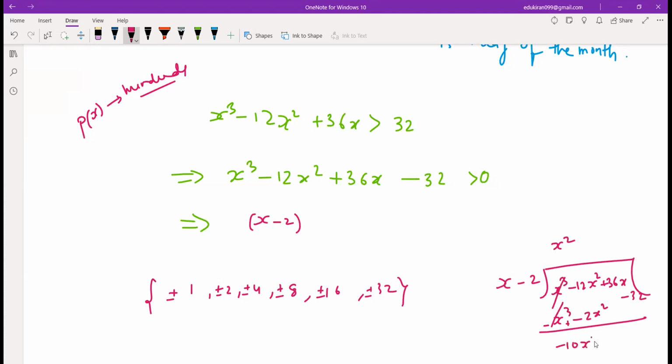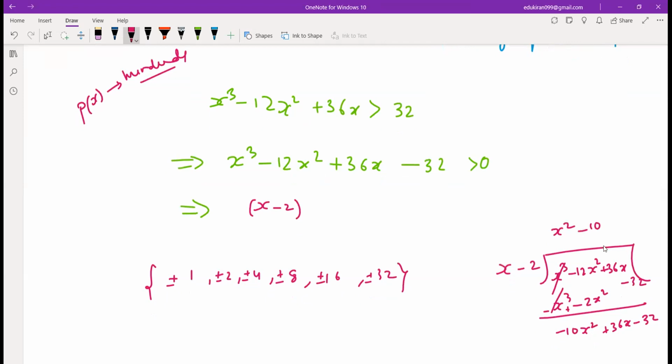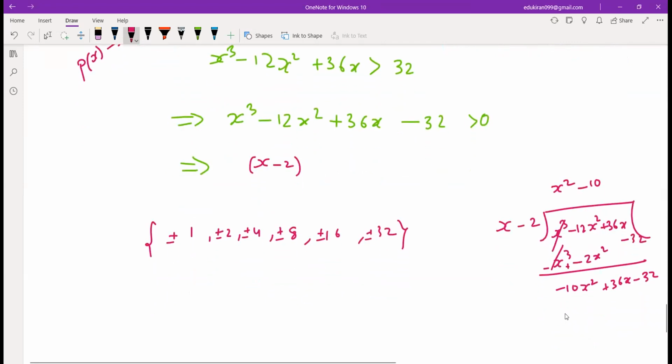Minus 10x square plus 36x minus 32. Then you take minus 10, so minus 10x square plus 20x, and you will do subtraction.